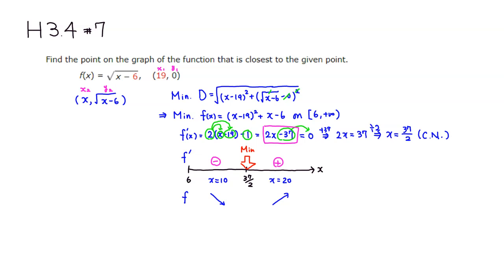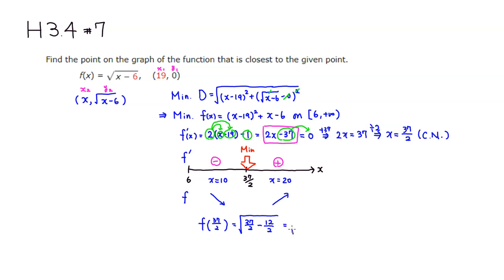All right, so all you have to do to answer the question is find the corresponding y value. You take the original function and plug in the x value we just found, 37 over 2. So y is equal to the square root of x, which is 37 over 2, minus 6. 6 is the same thing as 12 over 2, so I just take the common denominator.